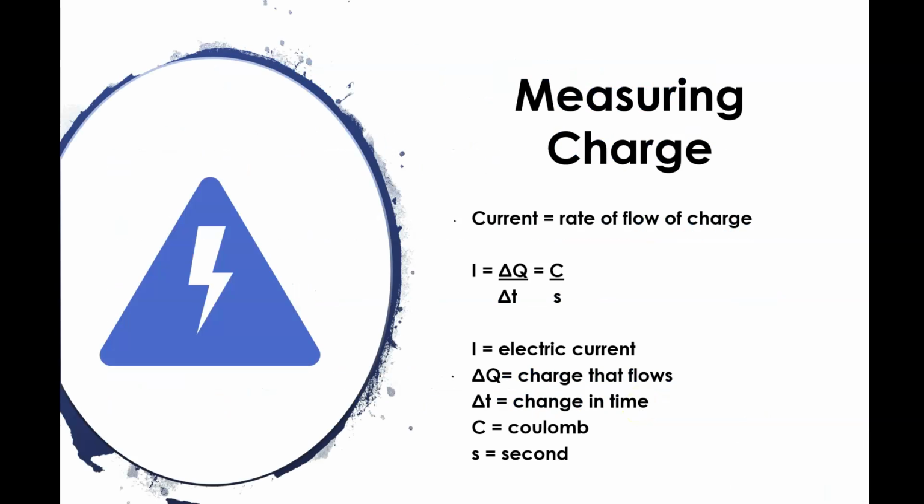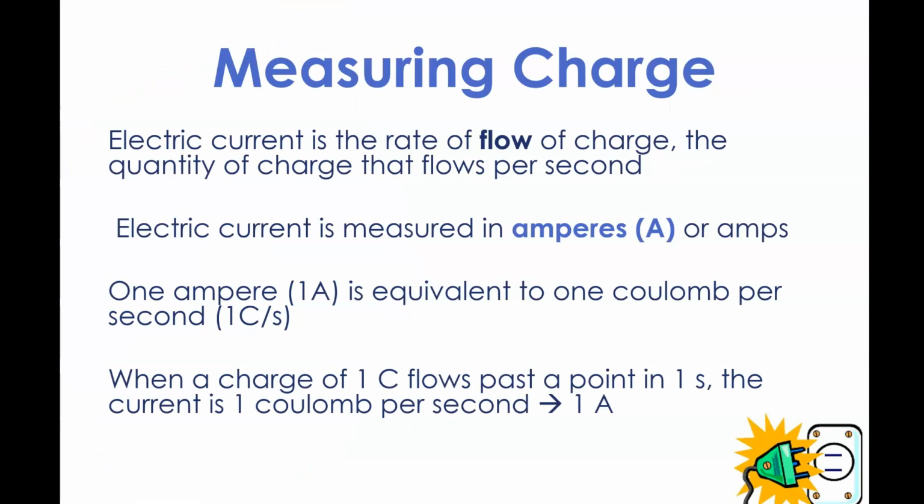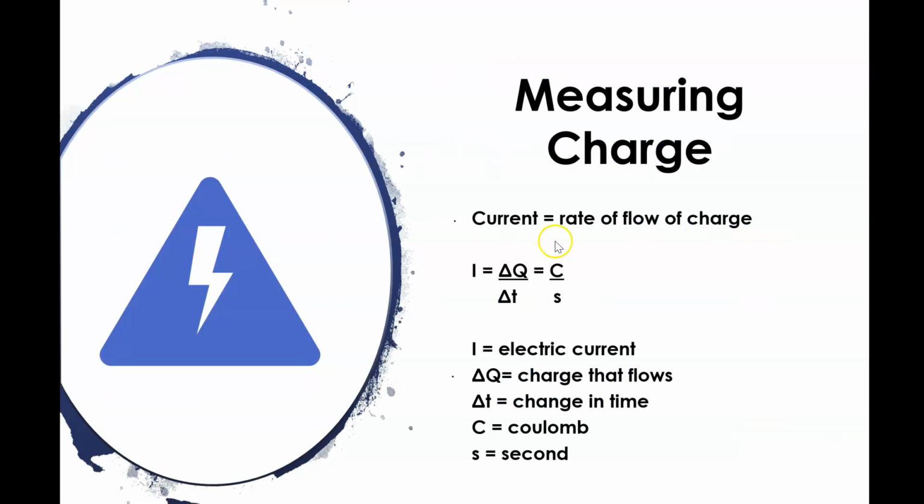Measuring charge: current, again, is the rate of flow of charge, the rate of flow of the electrons, and is represented by this formula, where I is equal to electric current.